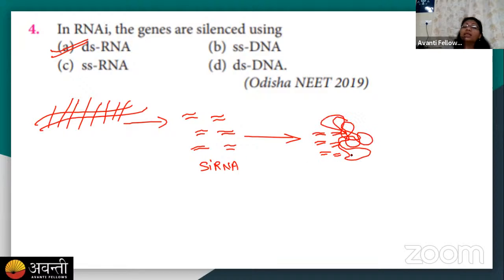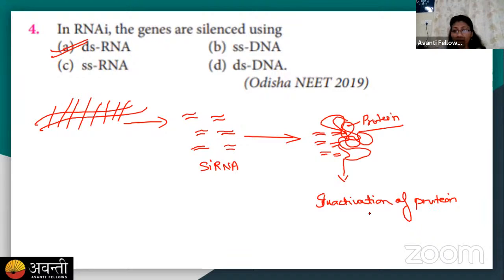So when this siRNA binds to the protein, it forms a complex which is degraded by the cell mechanism and causes the inactivation of the protein. So this is how, by introducing the silencing RNA, we are able to inactivate the protein.